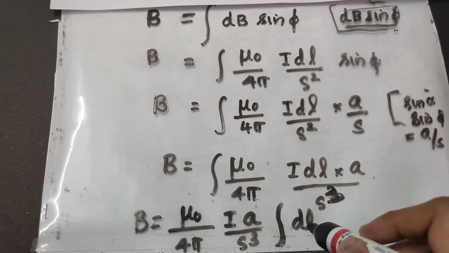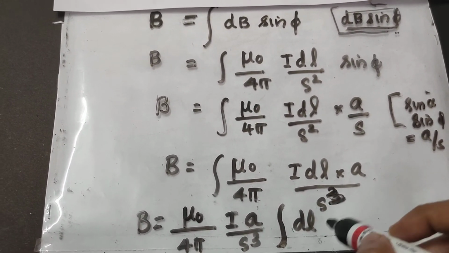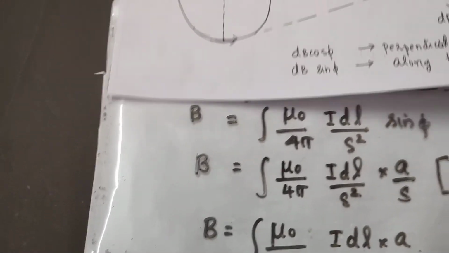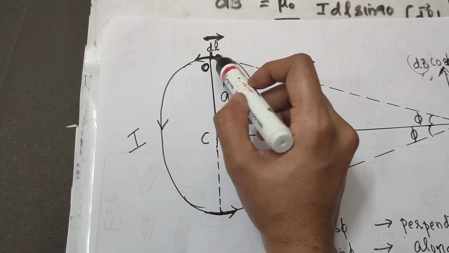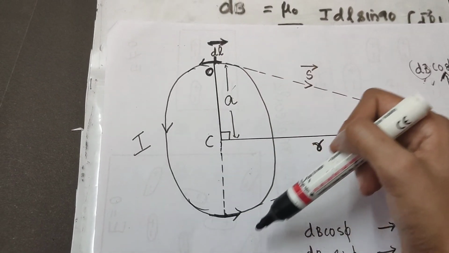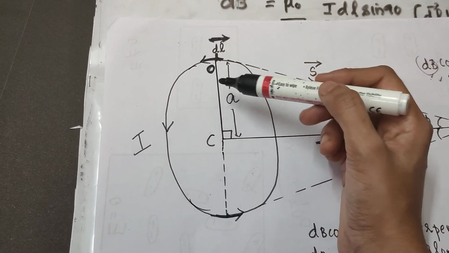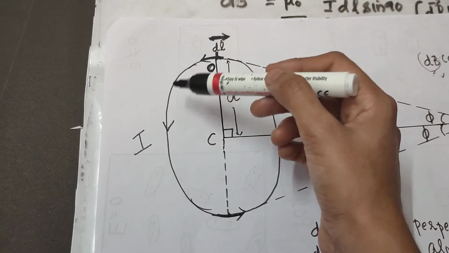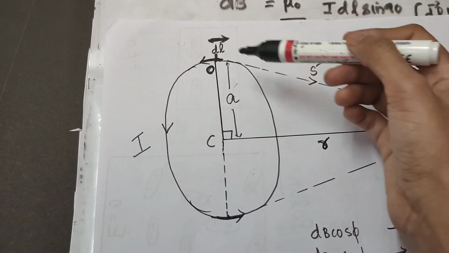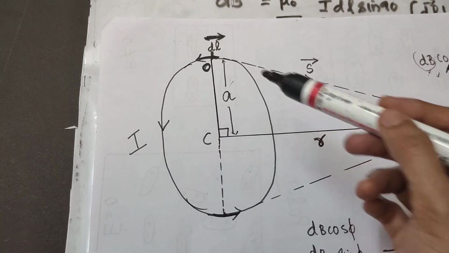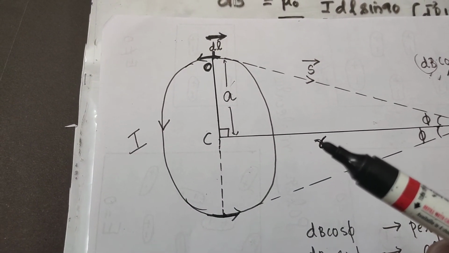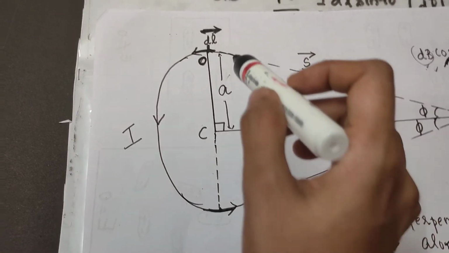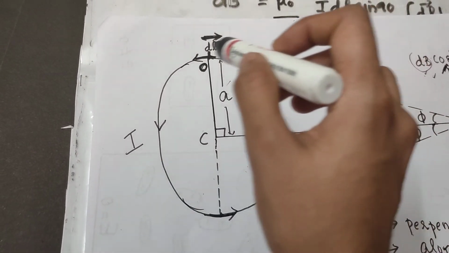Then can you tell me what is ∫ dl? dl means the length of the current element, and we know the circular loop is made up of such small current elements. So when you integrate such small current elements, what do you get actually? Yes, we get the circumference of the circular loop.